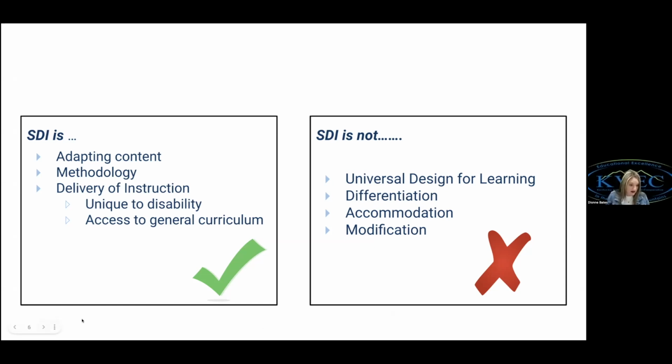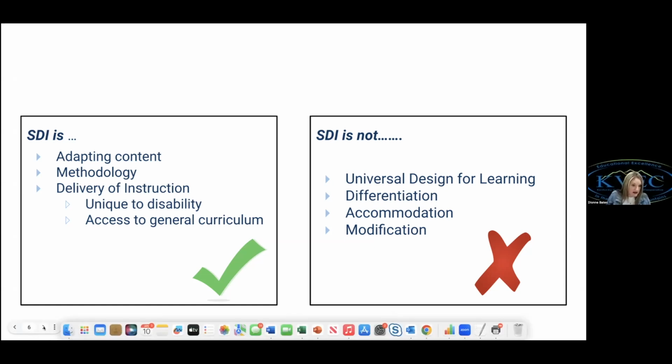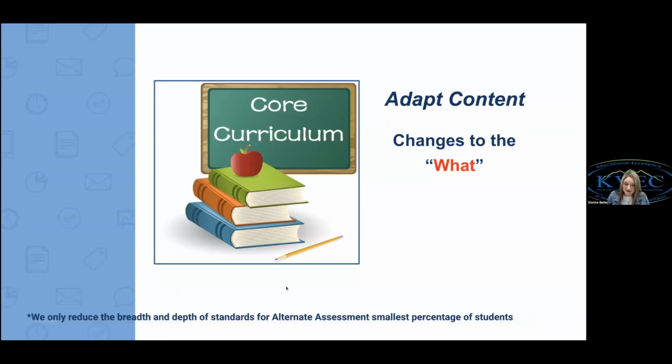If I just give them that, it's not. And so people get confused sometimes on that. So that's helpful to remember. So when we go back to talking about adapting content, we don't change the standard, but we change the pieces of that. And what we mean by that, adapting the content, is we still look for that real critical skill.